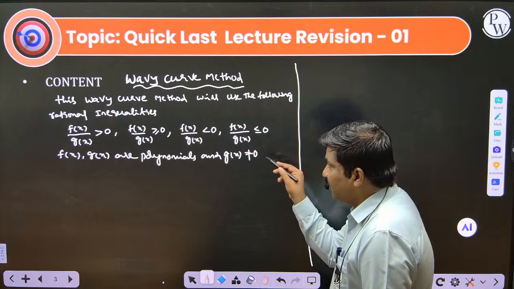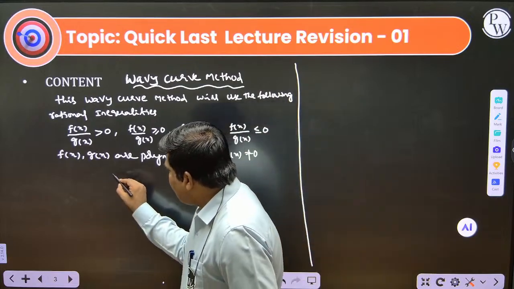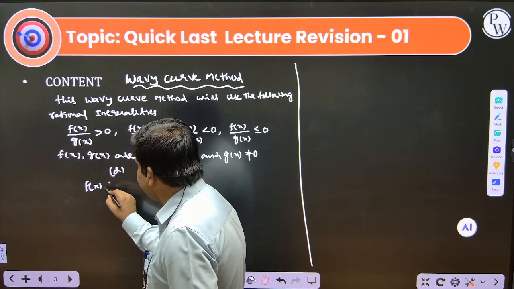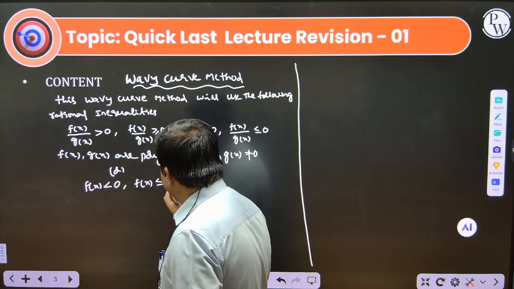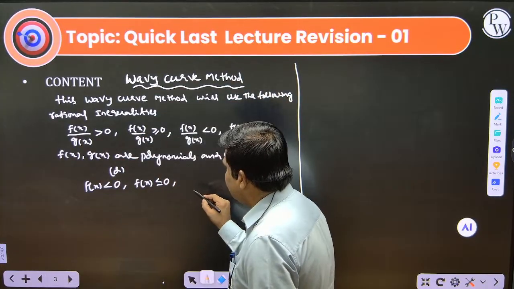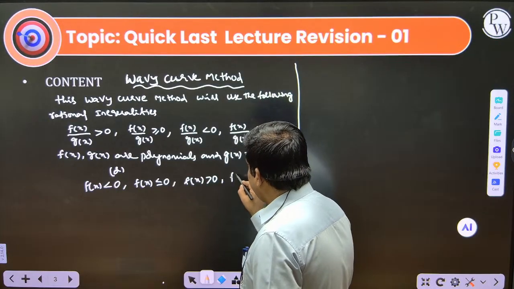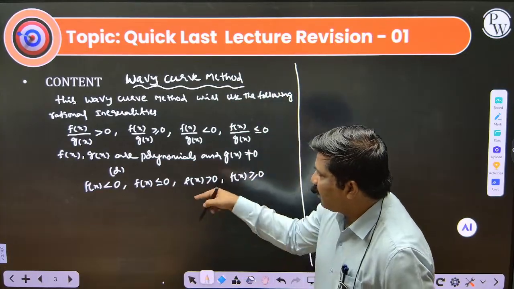We'll use the wavy curve method only for these kinds of inequalities: less than 0, less than or equal to 0, greater than 0, greater than or equal to 0. Either this type or this type.